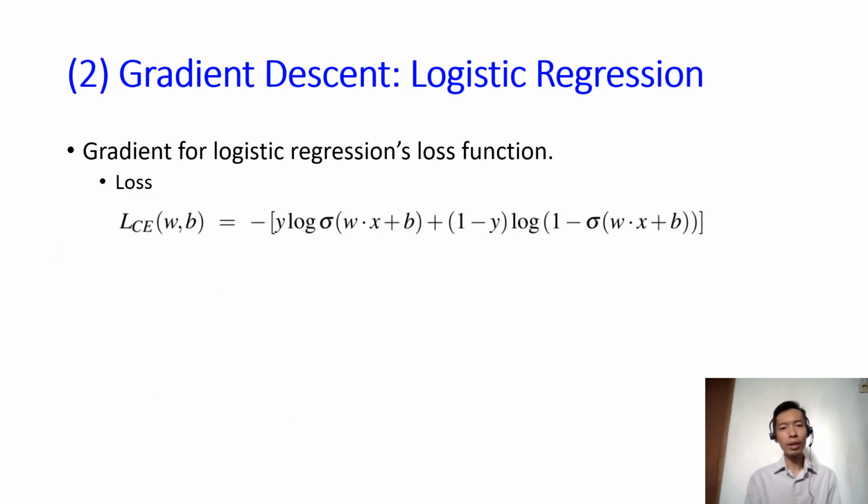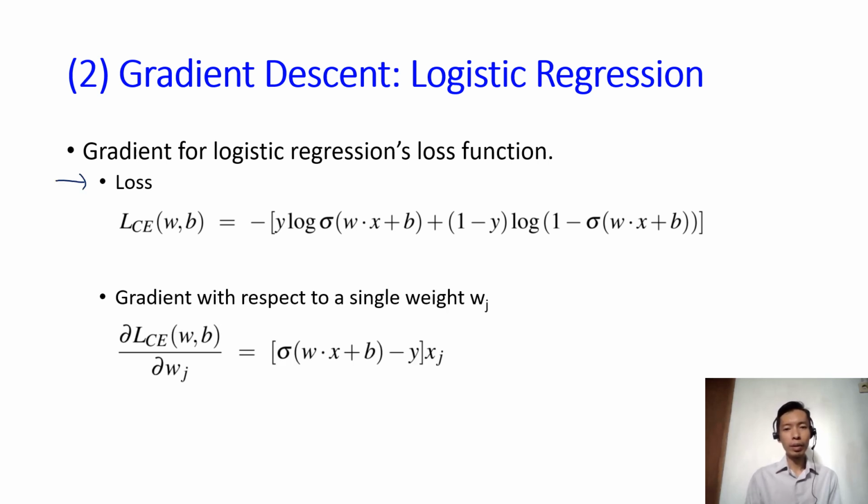So here's the loss function that we've seen before in the previous video. And then we do the gradient descent with respect to a single weight. And this is the gradient with respect to a particular W. So Wj here, let's say this is for W2.